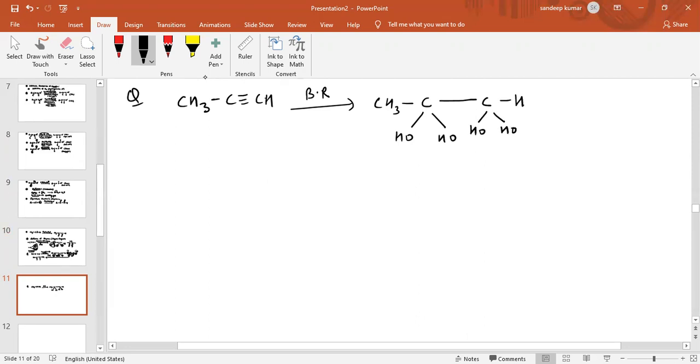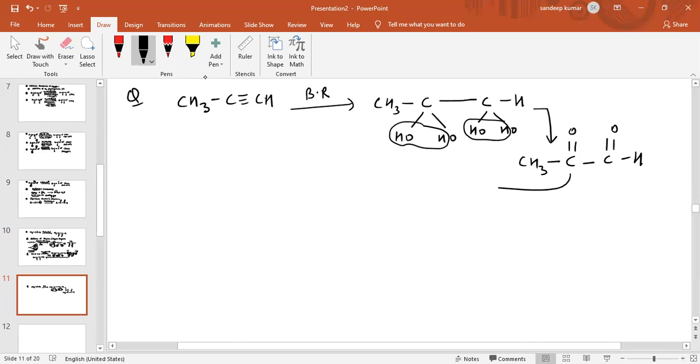See now what happens. Water will be removed because 2 OH groups on the same carbon atom is unstable. From this carbon also water will be removed and C double bond O will be formed. So the product obtained is CH3 C double bond O and C double bond O and H. But the reaction will not stop at this point. Why not?